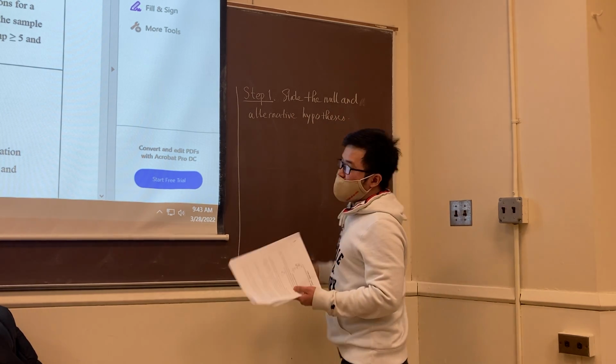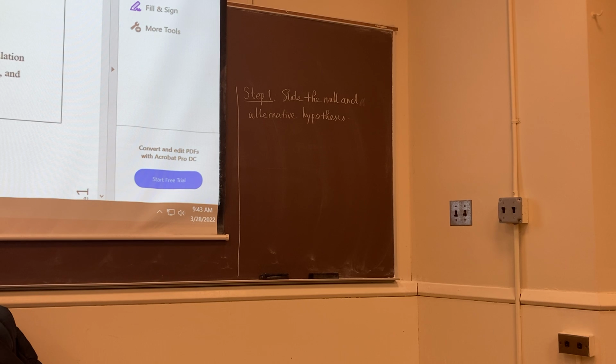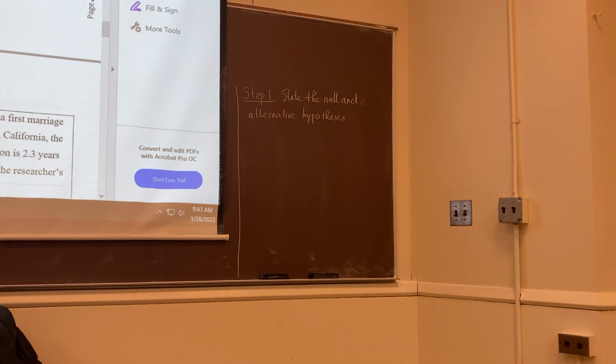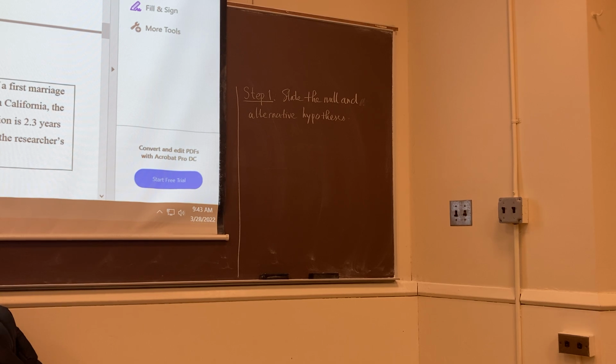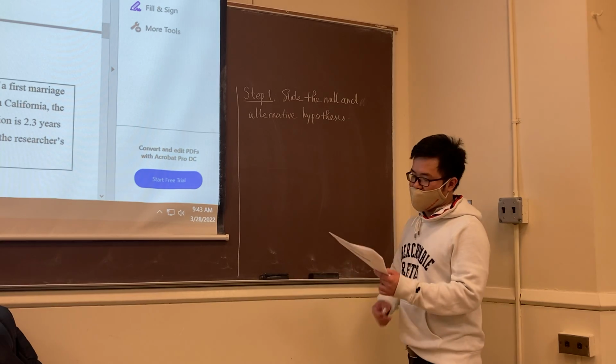Okay, that we need to say what we need to do to do the hypothesis testing. Let me show you the example for this. We need to state the null and alternative hypothesis.